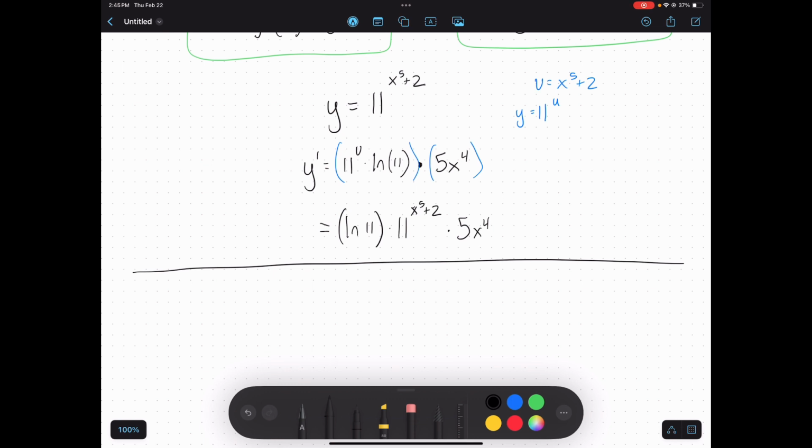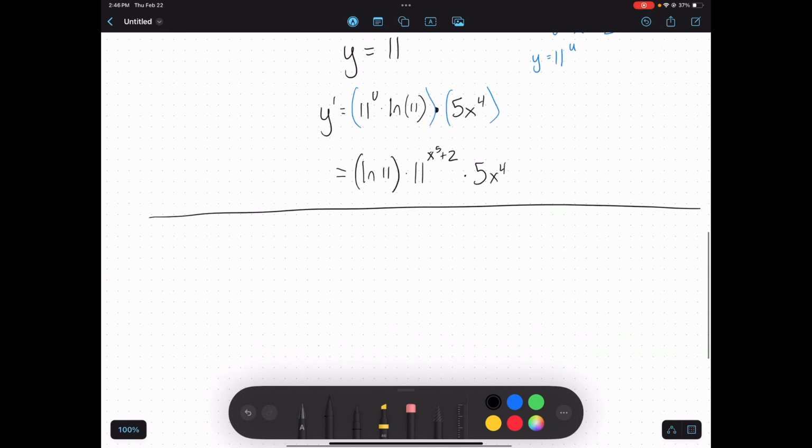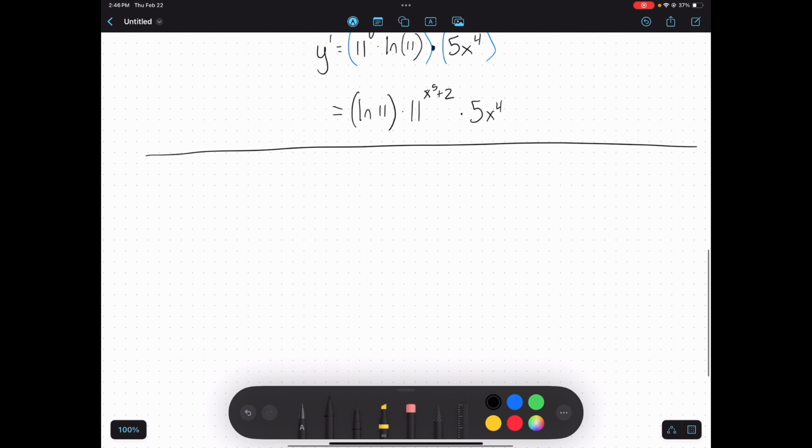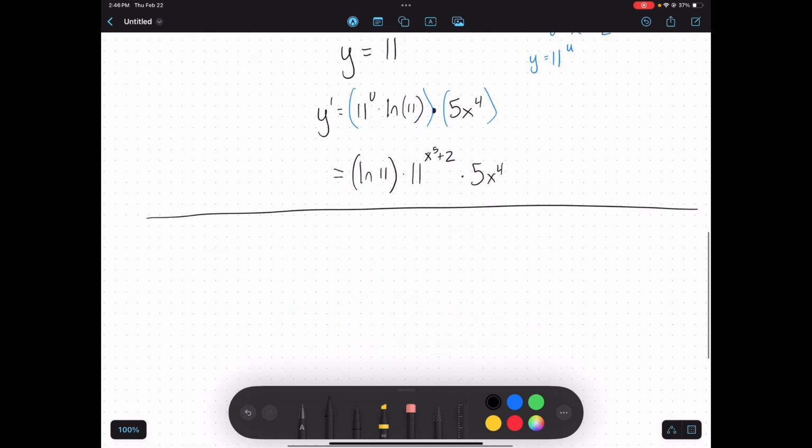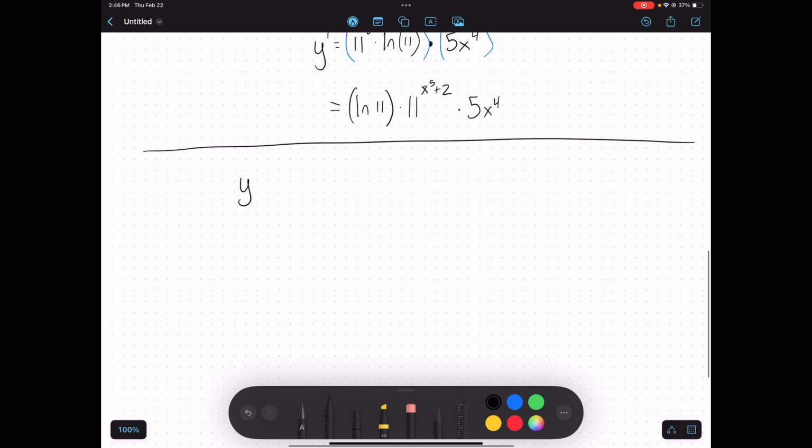Okay, let's try a little bit more complicated of an example. If this one wasn't complicated enough for you, let's try a more complicated example. So, y equals 2 to the 5x cubed minus 1, well, that's going to use one of my new formulas, times log of 3x plus 4.